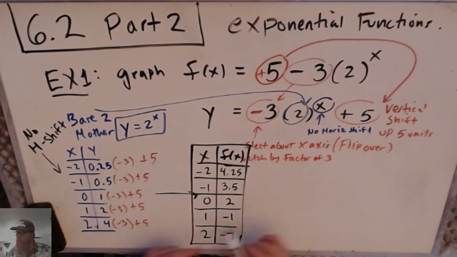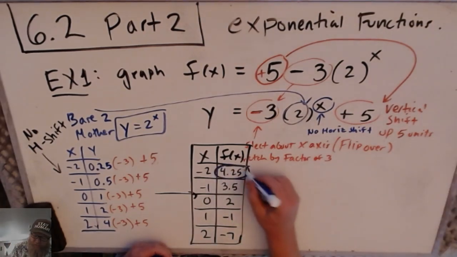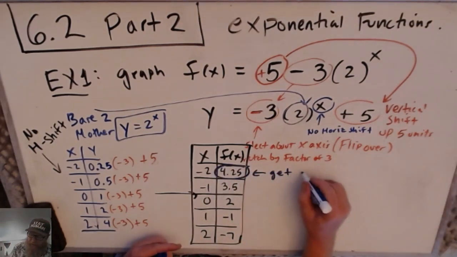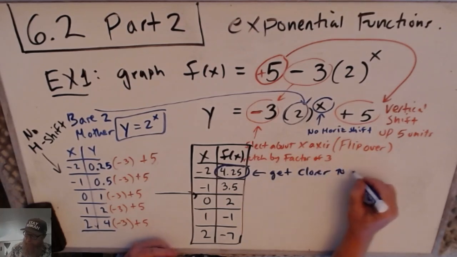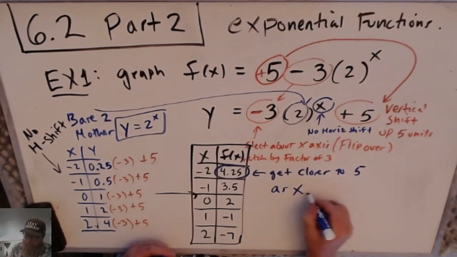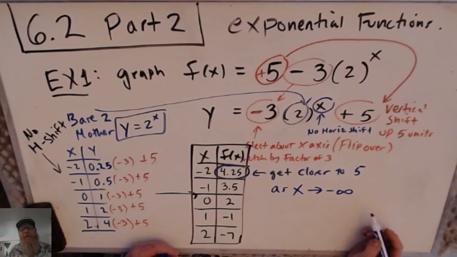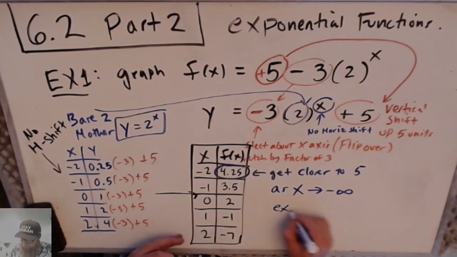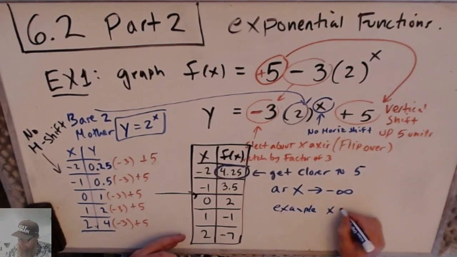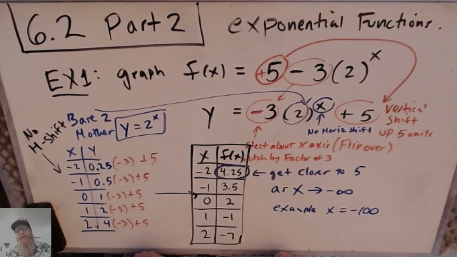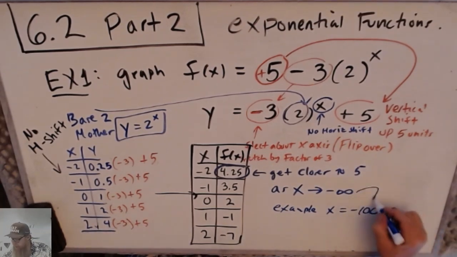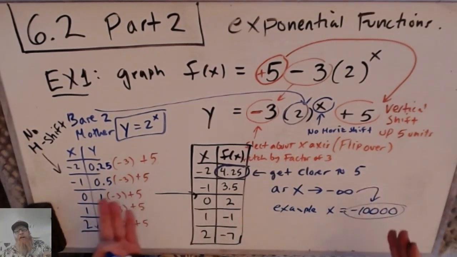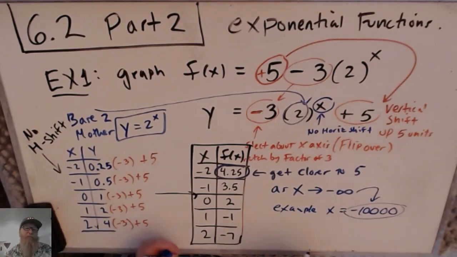One thing to notice is that these y values are getting closer to 5 as x approaches negative infinity. So for example, if I said -100 or -1,000 or -10,000, you're getting a very large negative number.